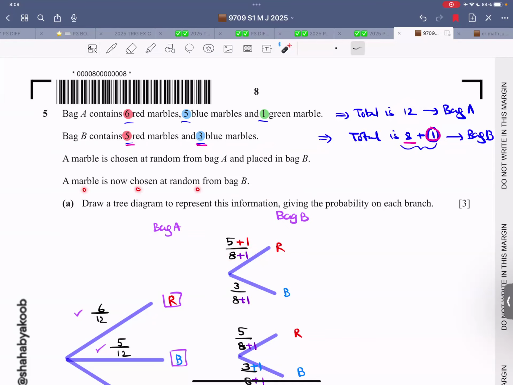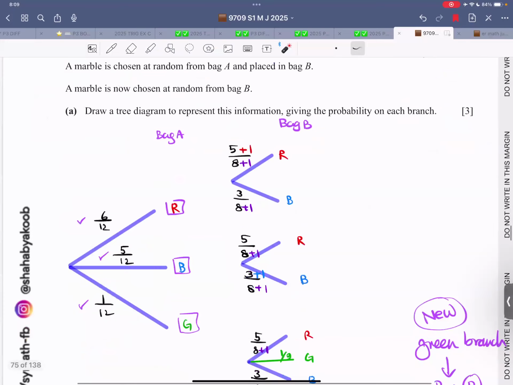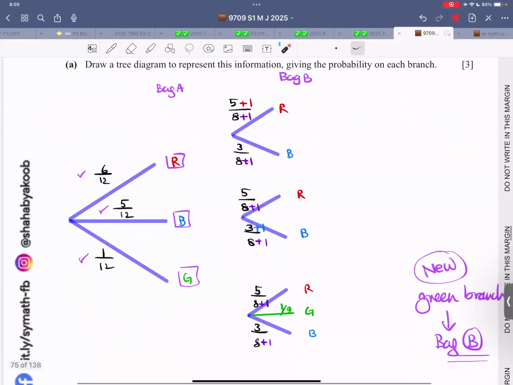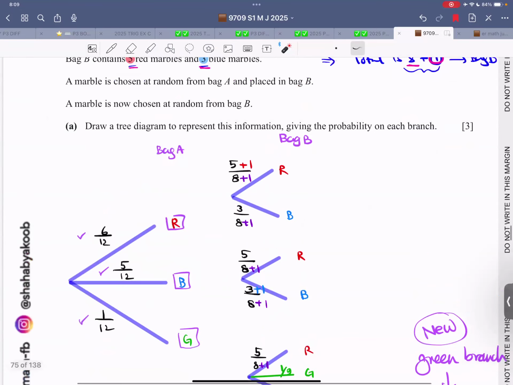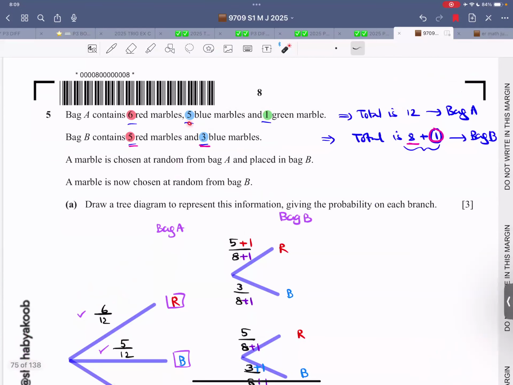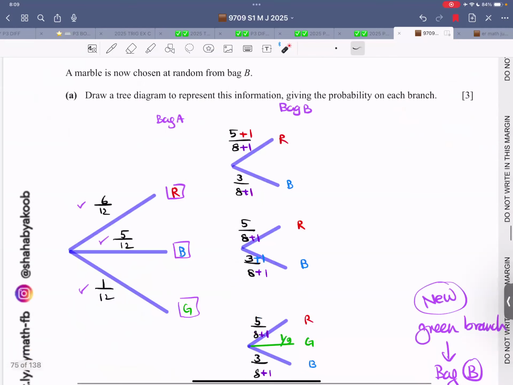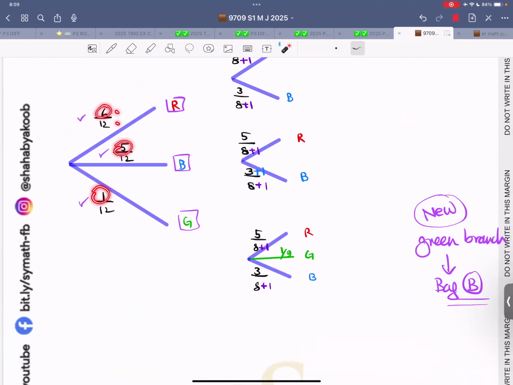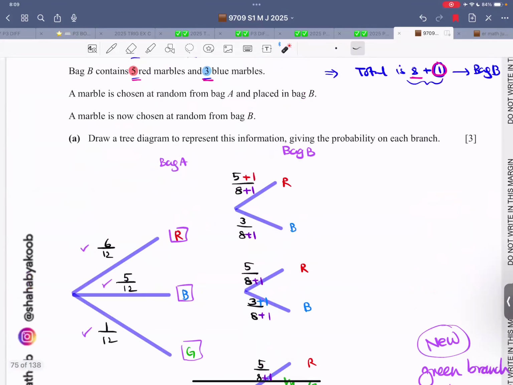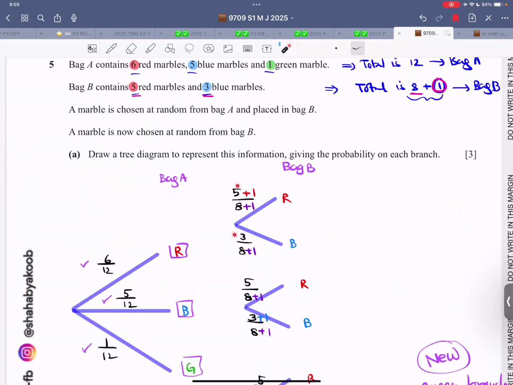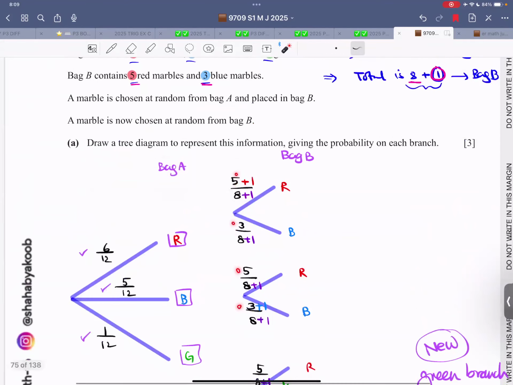A marble is now chosen at random from bag B. Draw a tree diagram. These kinds of questions do come a lot. Now, what is the logic over here? The colors are red, blue, and green: 6, 5, 1. So red, blue, green, 6 over 12, 5 over 12, 1 over 12. Do not reduce the fractions. Now over here, there is 5 and 3. So first write 5, 3, then write 5, 3, then write 5, 3.